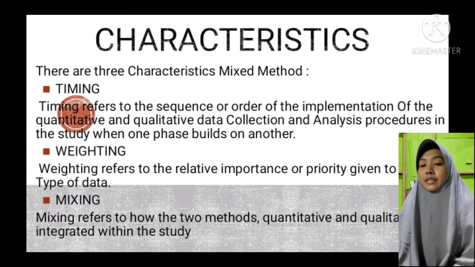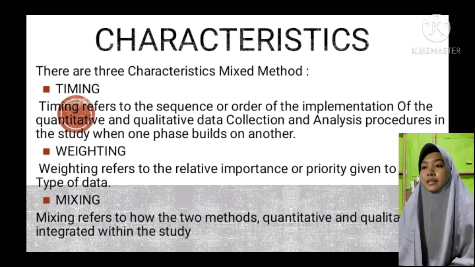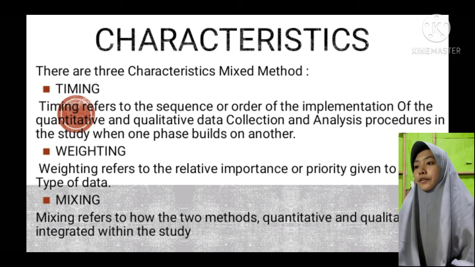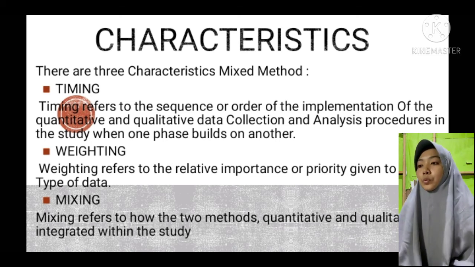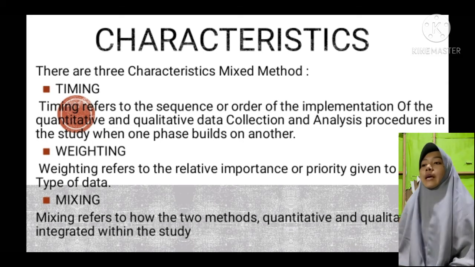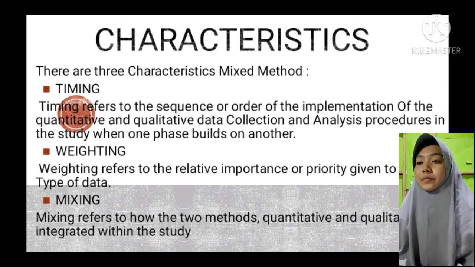Okay, characteristics. There are three characteristics of mixed method. The first, timing. Timing refers to the sequence or order of the implementation of the quantitative and qualitative data collection and analysis procedures in the study, whether one comes before or after another.